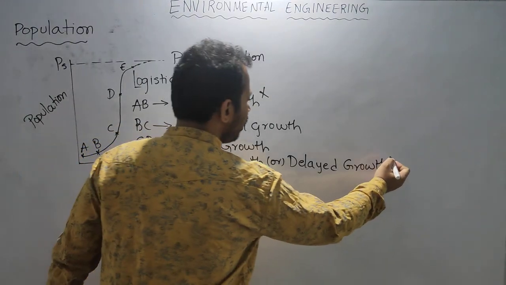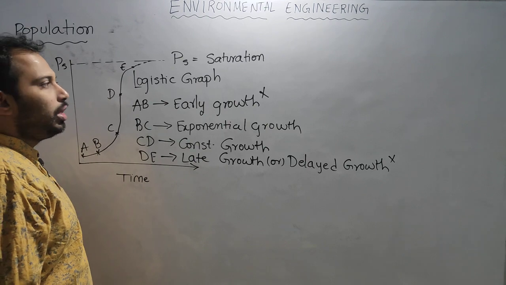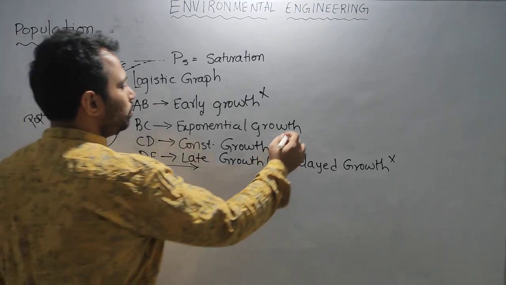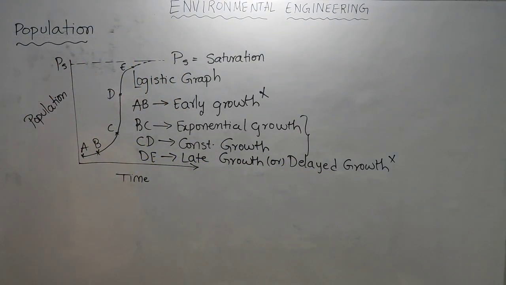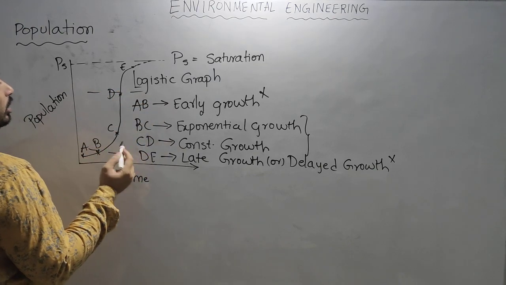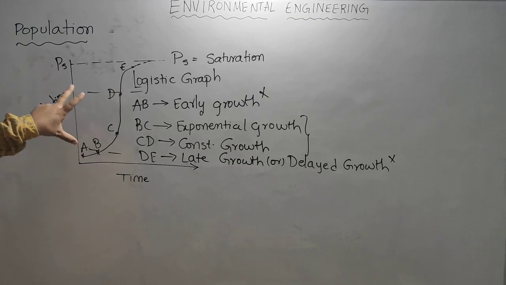Delayed growth also, the system already exists, so it is not a big deal for us to cater to the needs. But for exponential and constant growth, where the majority of cities come, I need to look carefully, because here I need to design the water supply system carefully.